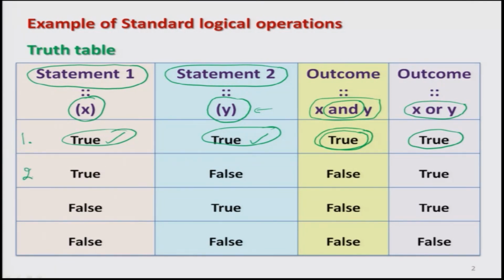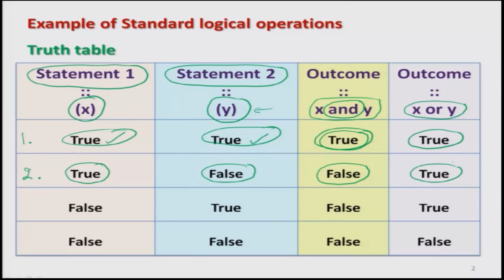Similarly, if I take another case where statement 1 is true and statement 2 is false, then what will happen to statement 1 and statement 2? This answer will come out to be false. Then what will happen to x or y? That will come out to be true, because at least one of them is true.